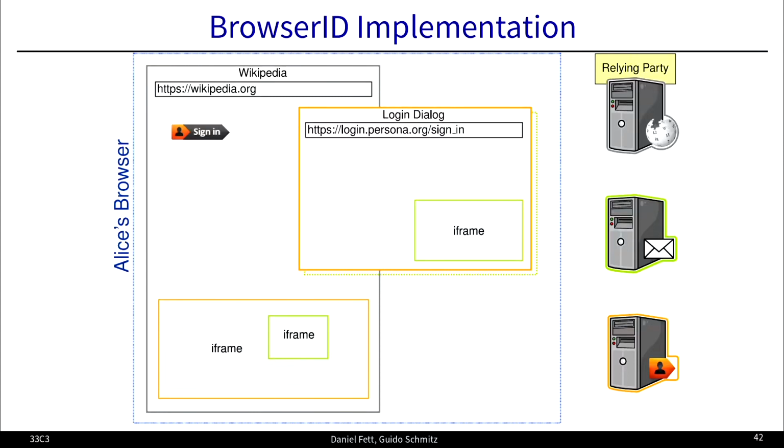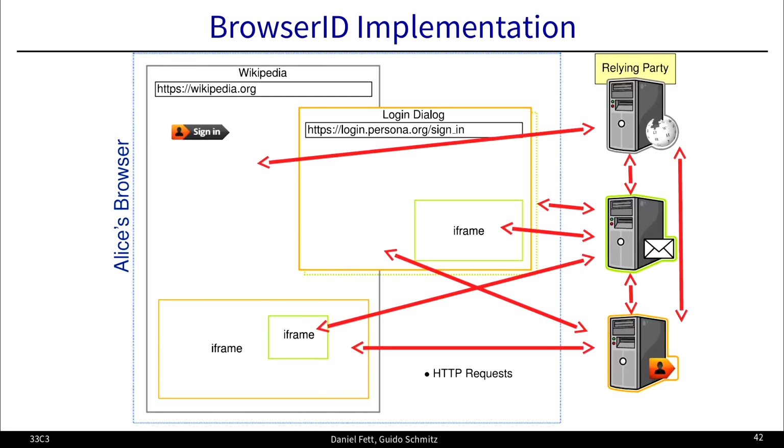And inside both of these windows, there are other iframes, and inside one of these iframes, there's another iframe. And on the right, we have these servers, so the relying party, the identity provider, and the central authority, login.persona.org. And just to give you an idea how complex the system ended up, they all talk to each other using HTTP requests, but also using postMessages, and also using XMLHttpRequests. And as you can see, the system became quite complex.